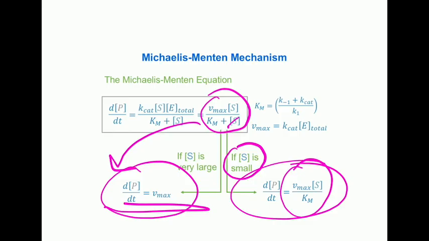Zero order in A. It means changing the substrate concentration in this regime doesn't do anything to the rate of product formation. We're already so high in S that adding more S doesn't matter, and a little depletion of S is not going to change the rate of product formation. It's just Vmax. It is a zero order process.